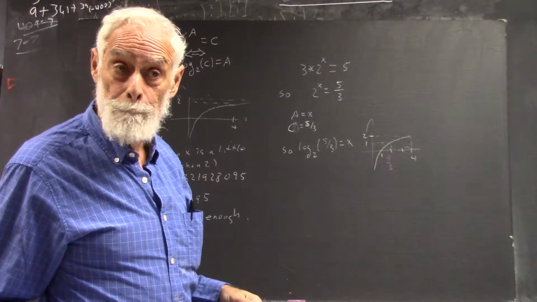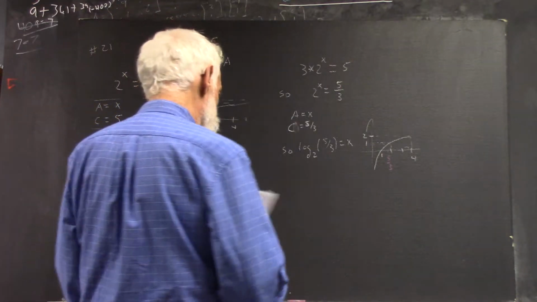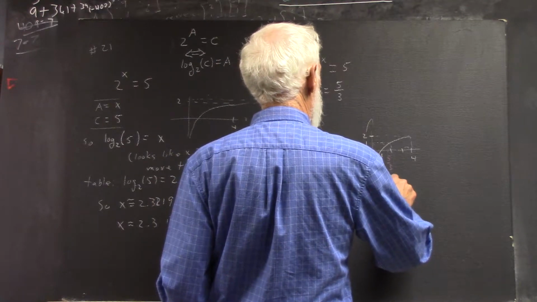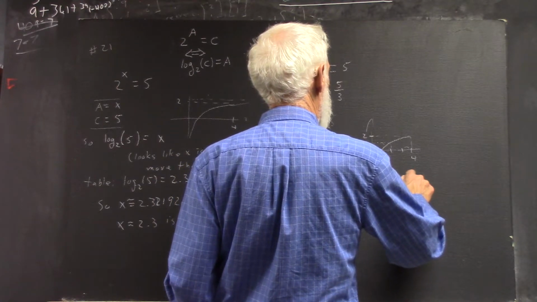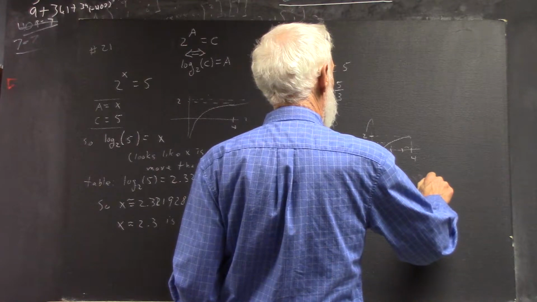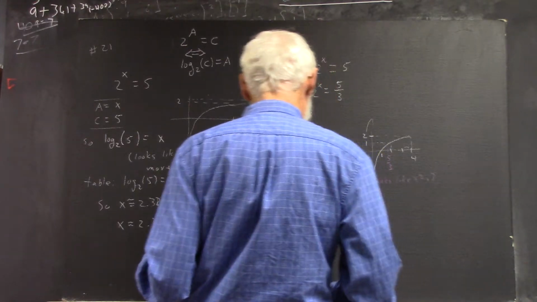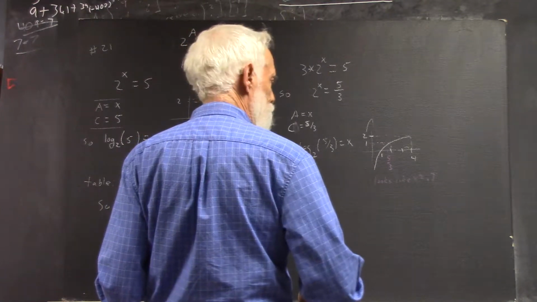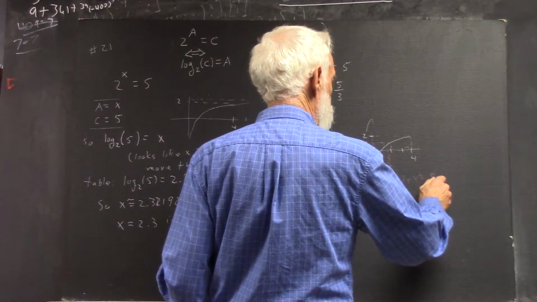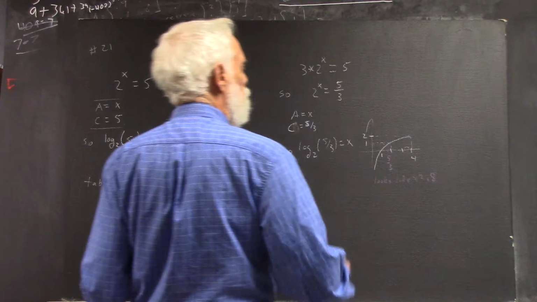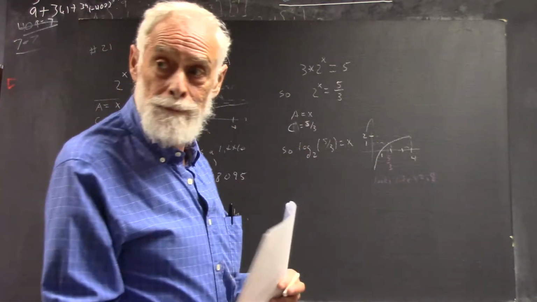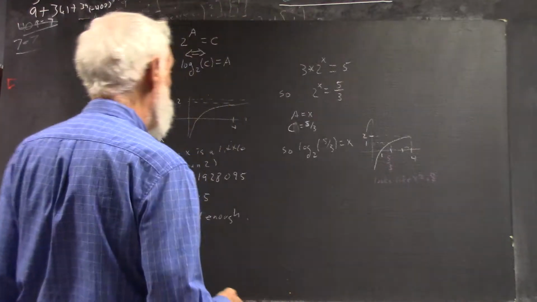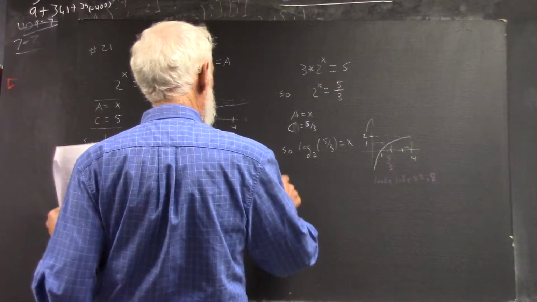I'm saying it looks like maybe x is pretty close to 0.7, or even, I think, maybe 0.8. The way I drew it, I didn't draw it very well. You can draw it better. Now we look on the table.